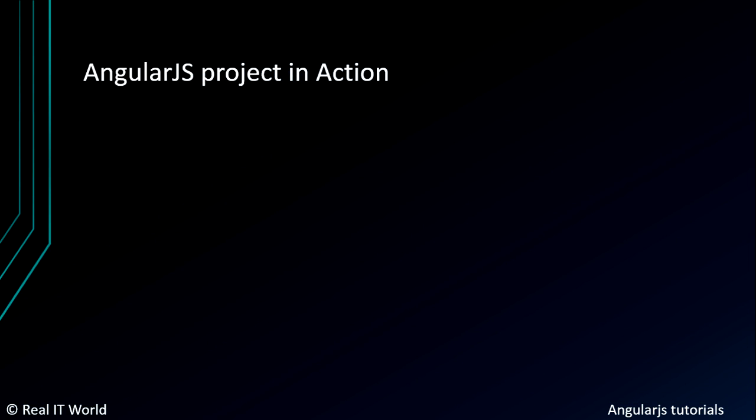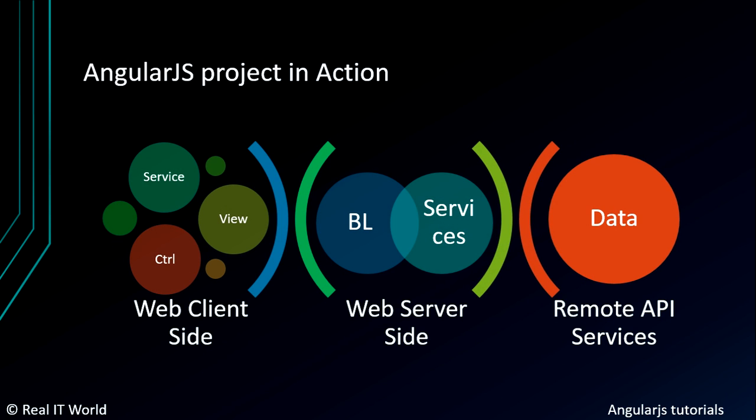AngularJS project in action. When our AngularJS project is running live, these are the components loaded into the client, the server, and the remote API services. Web client side means inside a browser. Inside a browser, we are going to have Angular services, Angular controllers, Angular views, and HTML files.